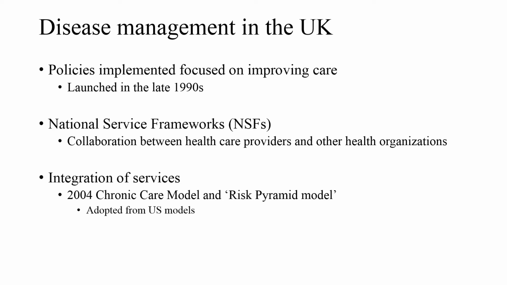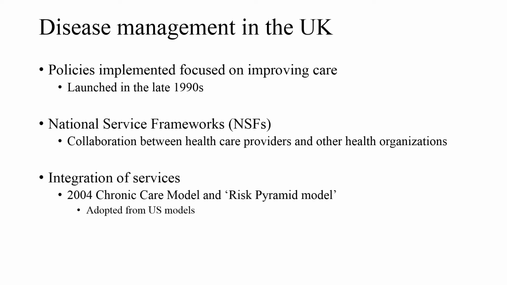Policies have been implemented focused on improving care for patients with chronic disease, and these launched in the 1990s. For example, you have the national service frameworks, which set standards for care for common conditions. Initially, they were set up for just one type of chronic condition, for example, just diabetes.